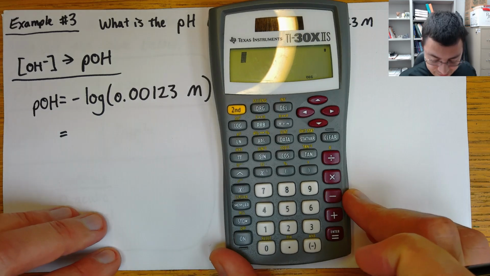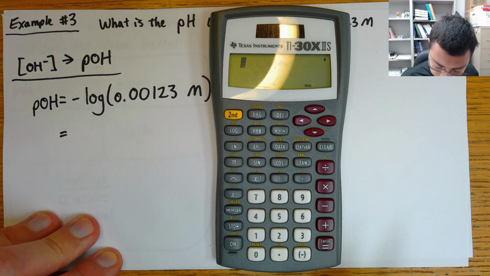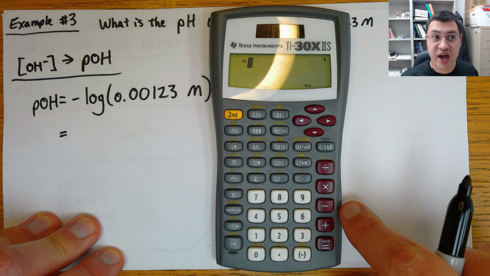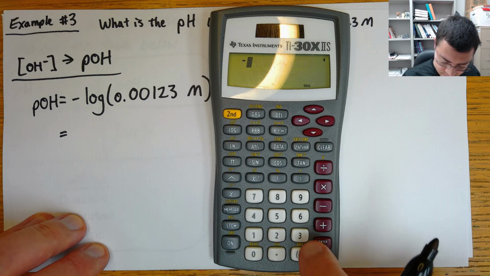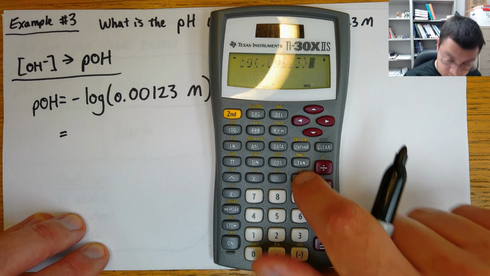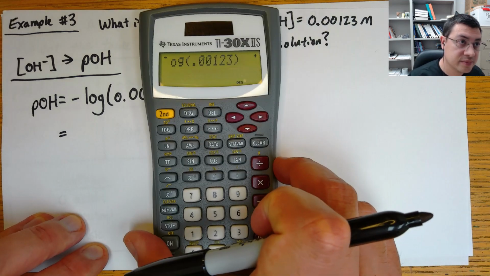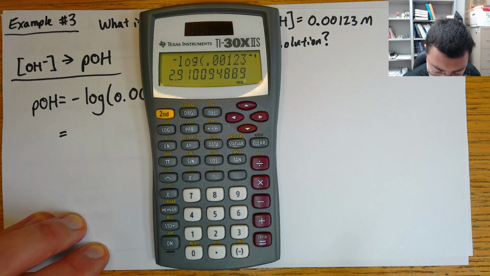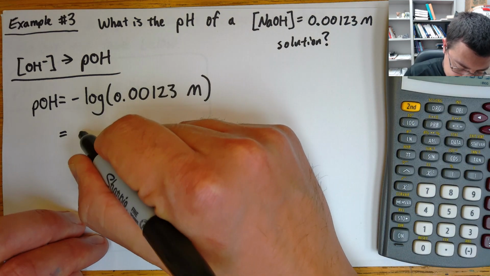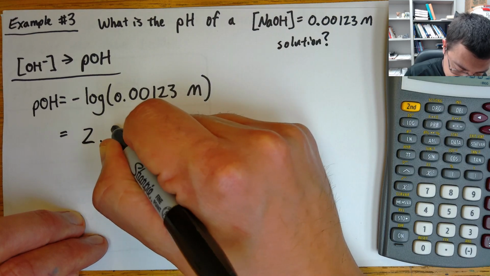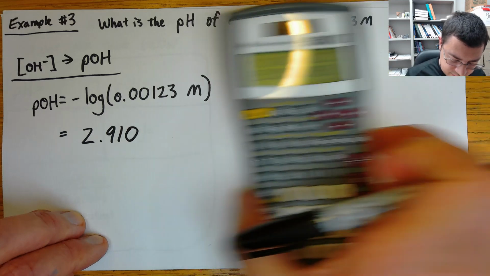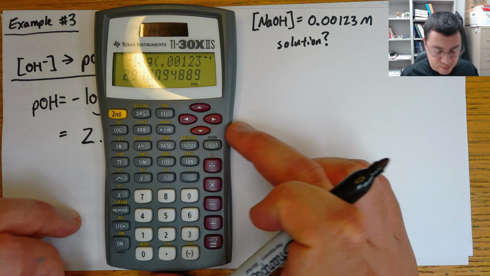If you're getting a syntax error, remember many calculators require you to hit a negative button rather than a subtraction operation. Negative log of 0.00123, and we get 2.910, with a zero because pH goes one digit more.